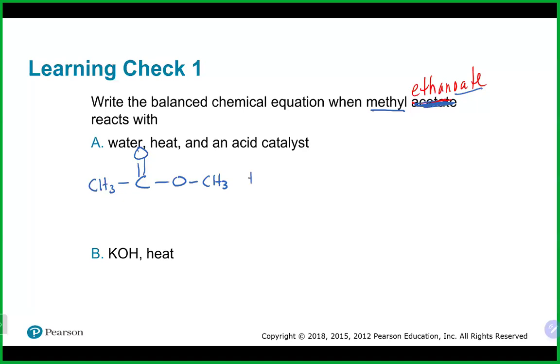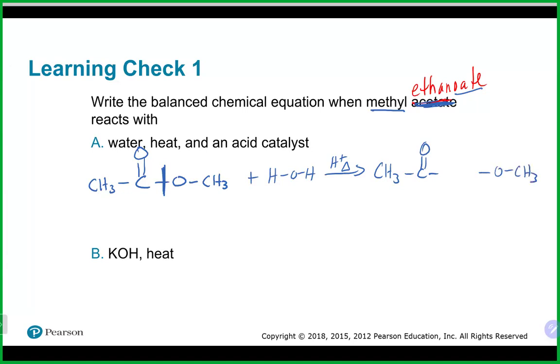First one, we're going to add some water and a little acid for hydrolysis here. So once again, as we talked about, we are just going to break this apart. We'll start with the 2 components, so we end up with this guy, and then we'll end up with this guy here.